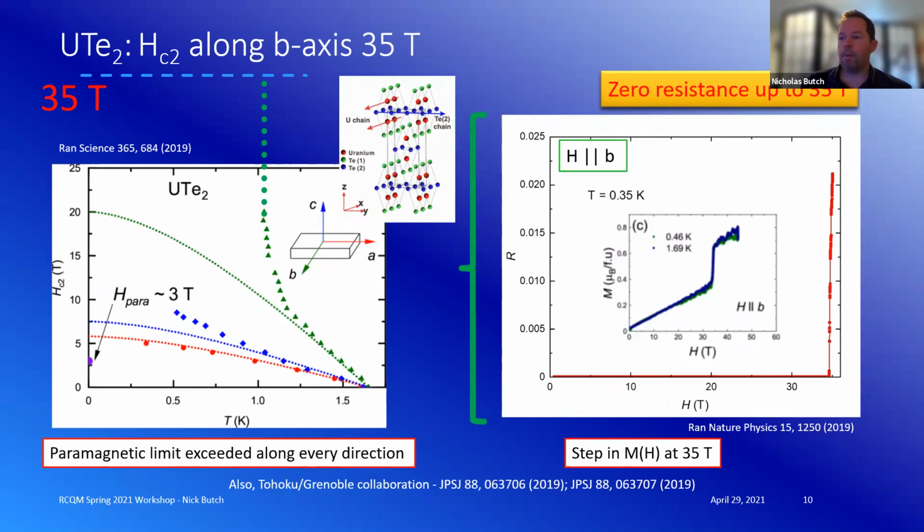But regardless of that anisotropy, in all directions the paramagnetic or Pauli limit of 3 Tesla is exceeded, which suggests that you are not dealing with a spin singlet configuration. That means Zeeman energy is not somehow killing your superconducting state. In fact, if you go along the B-axis, the superconductivity doesn't get destroyed until 35 Tesla.